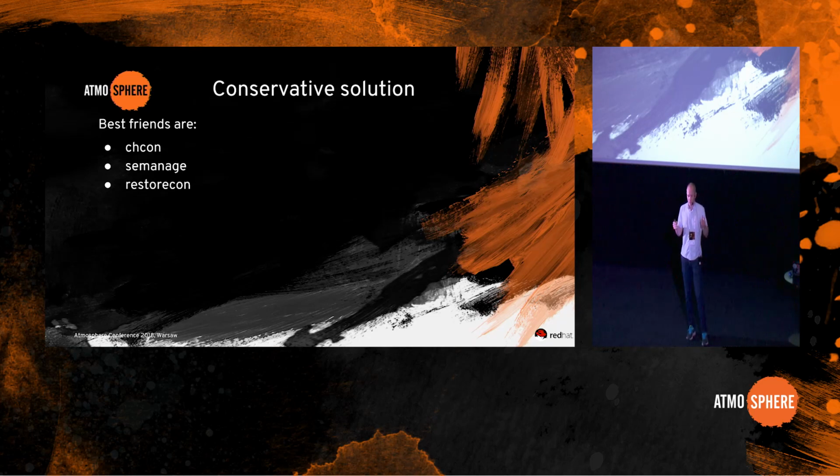For example, if you want to run the SSH daemon on a port different than 22, which is the default port, then if you run the SSH daemon on port 22, SELinux will be okay with it. But if you run it on a different port, like 8022, for example, SELinux will most likely complain, and the SSH daemon won't start. That's because we haven't told the SELinux subsystem about this change. To do that, you can use semanage port.